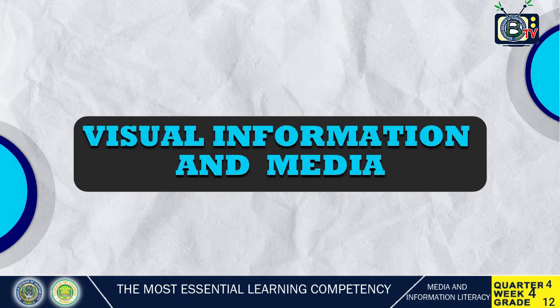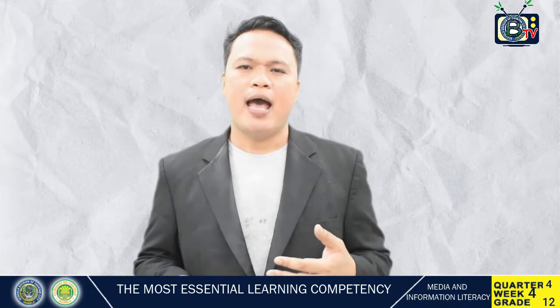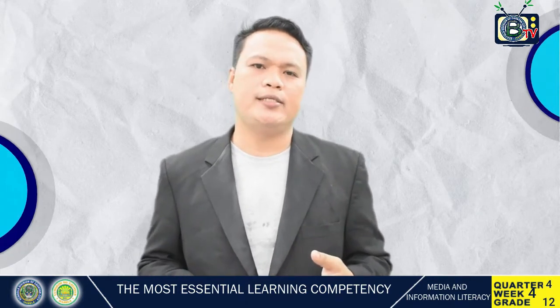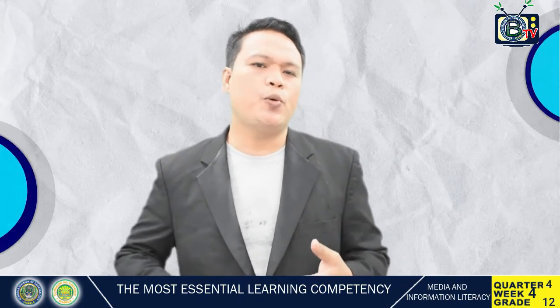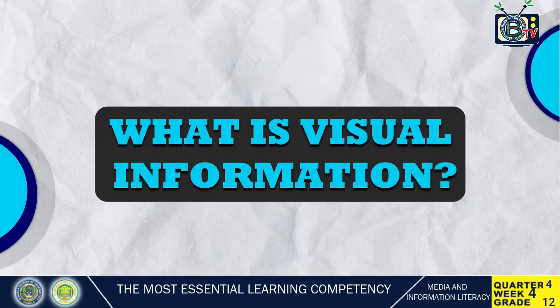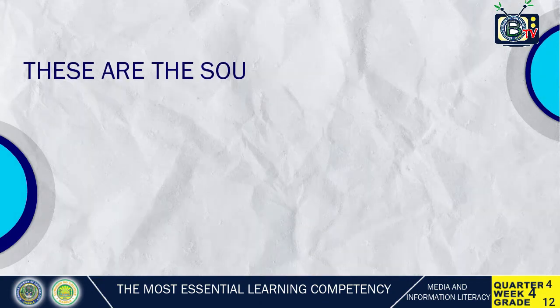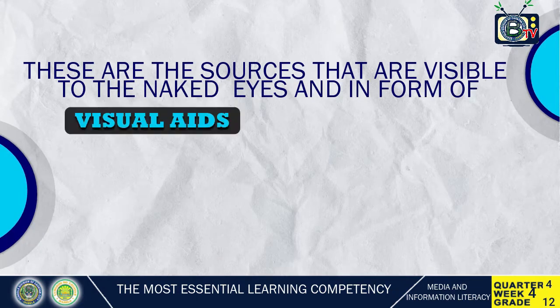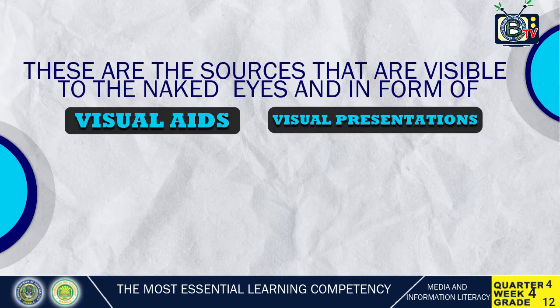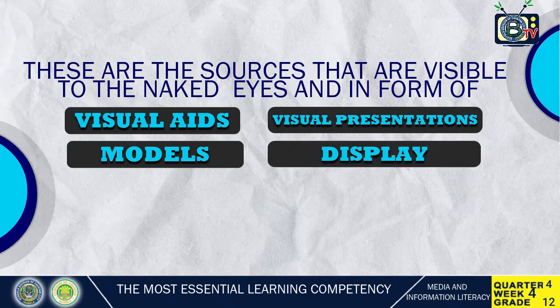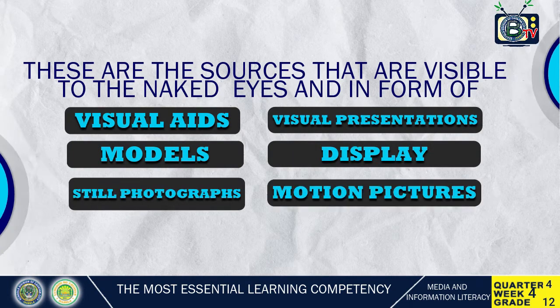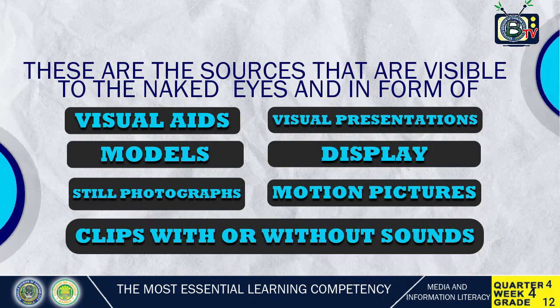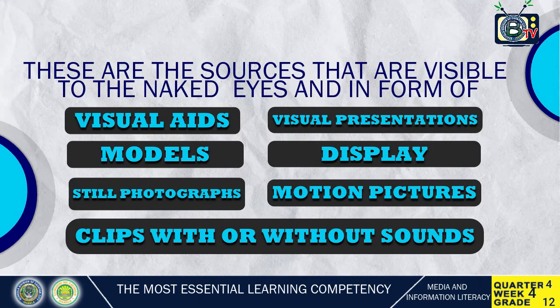Next, we have visual information and media. According to them, a picture speaks 1,000 words. This is the power of visual information. What is visual information? These are the sources that are visible to the naked eyes and in form of visual aids, visual presentations, models, display, still photographs, motion pictures, clips with or without sounds.